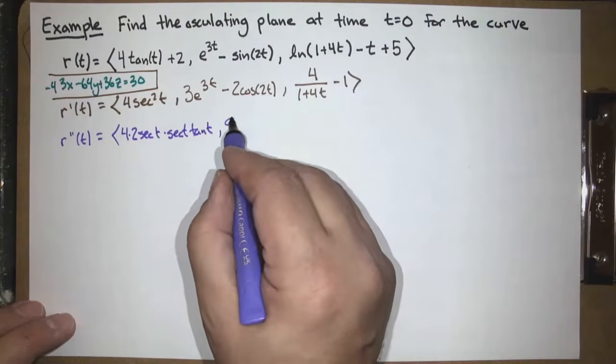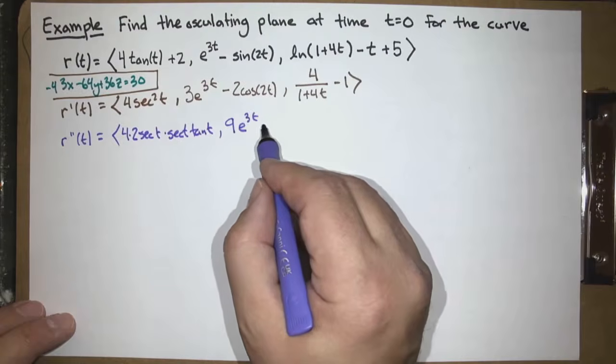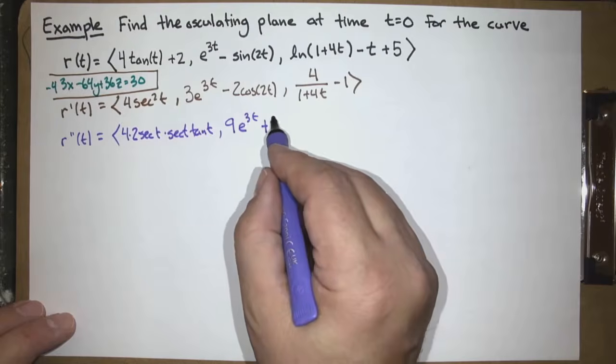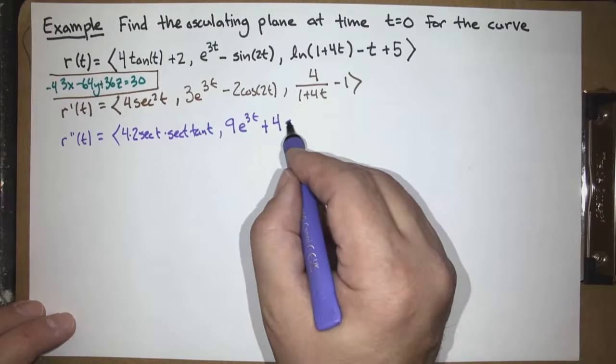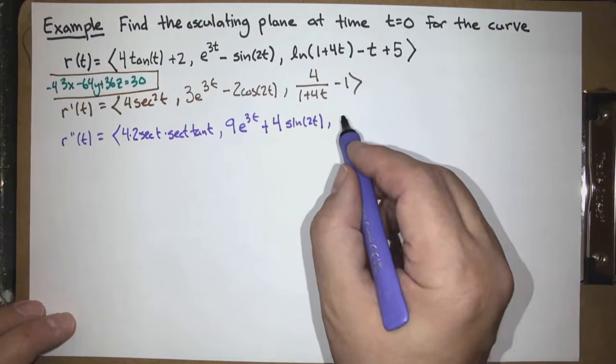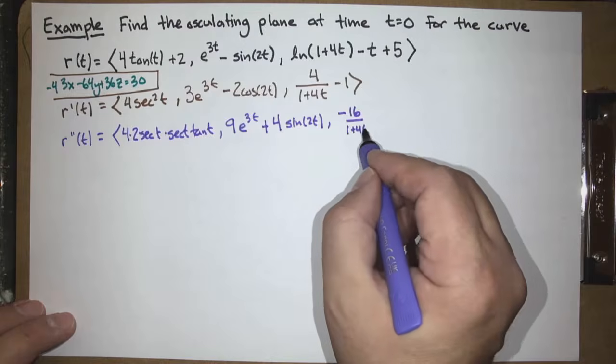Derivative of 3e to the 3t, another 3 comes down. Derivative of minus 2 cosine 2t will become a plus, since the derivative of cosine is negative sine, and an extra 2 comes out, so 4 sine of 2t. The derivative of 4 over 1 plus 4t is negative 16 over 1 plus 4t squared.